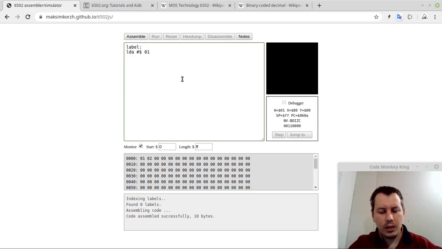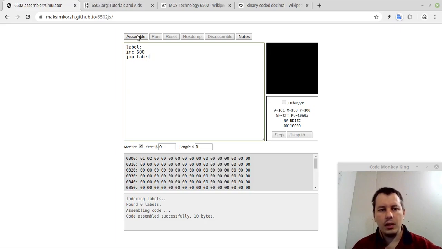Then we can store it to like 00, for instance. Or even better, let's just increment the memory at location 00, and an unconditional jump back to the label.